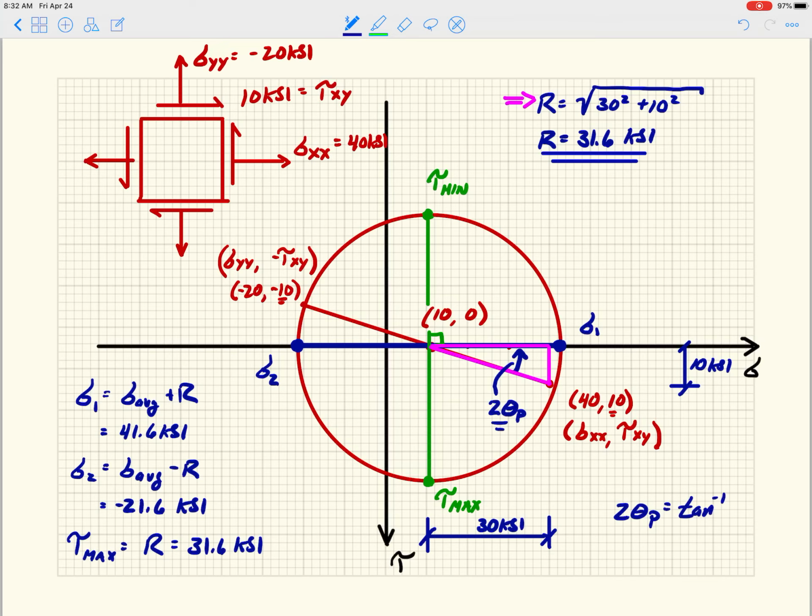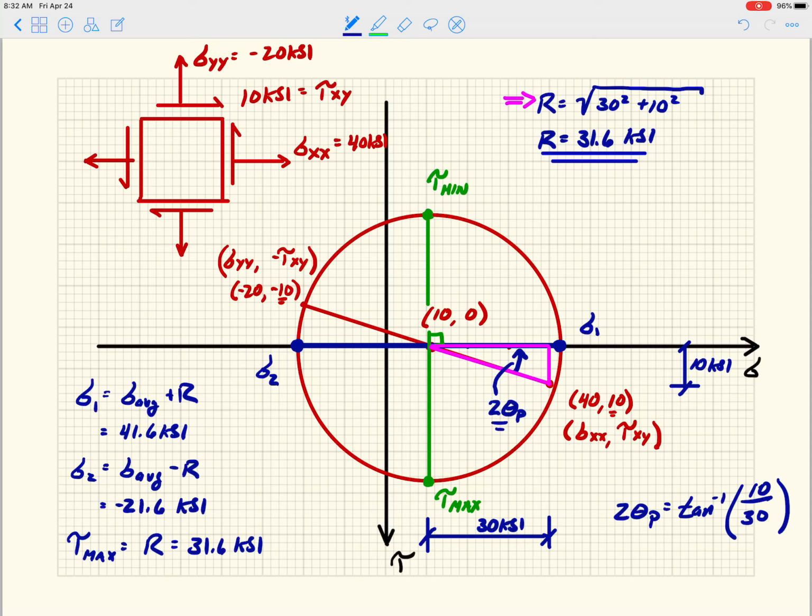So 2 theta p equals the inverse tangent of opposite over adjacent, which in this case would be 10 over 30. That inverse tangent of 10 over 30 is the total angle there, but we're defining that total angle as twice theta p, being defined as the angle on that stress cube. All right, so that's it for principal stresses.